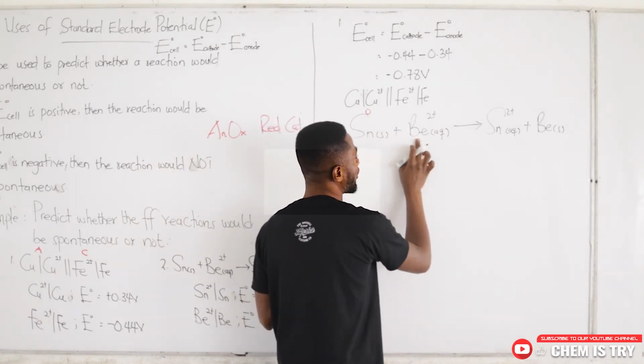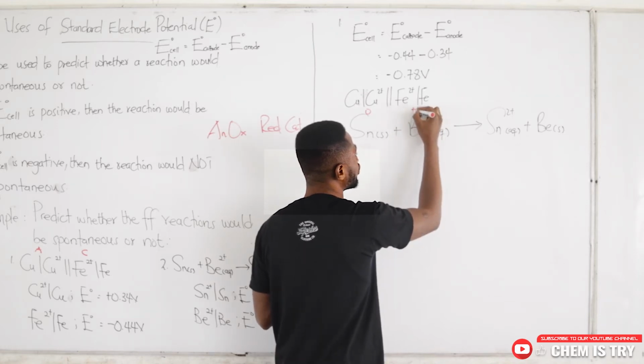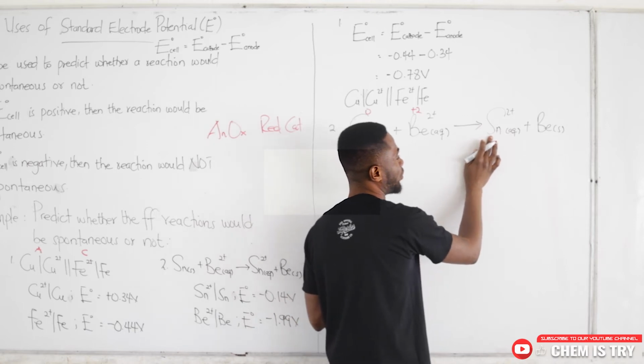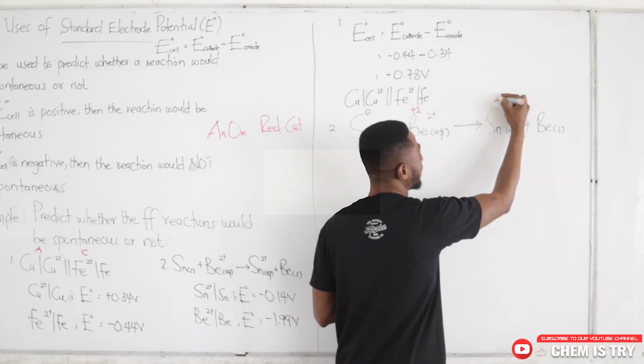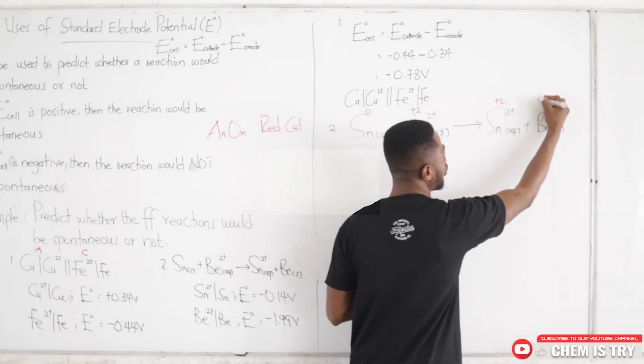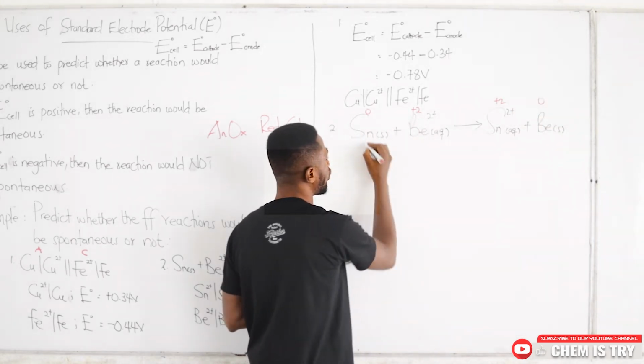Beryllium is a simple ion, so its oxidation number is equal to its charge. Tin 2 plus is a simple ion, so the oxidation number will be equal to its charge. And beryllium is an element standing there alone, so 0.